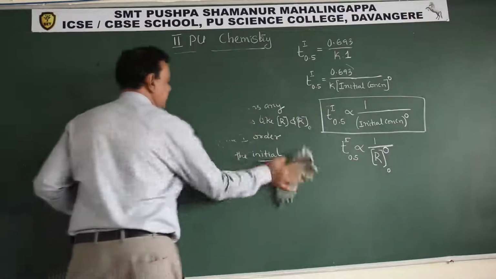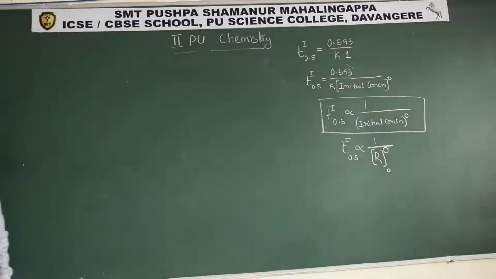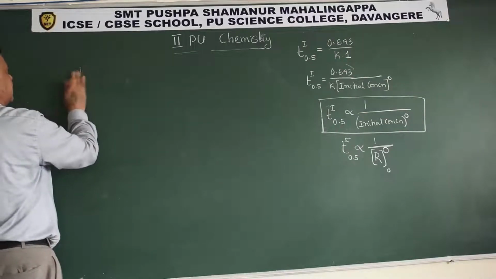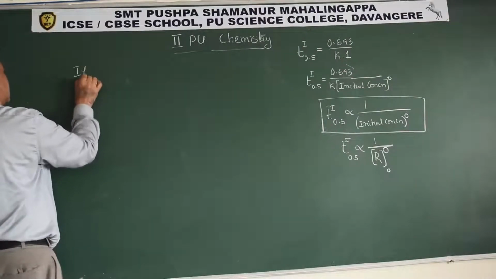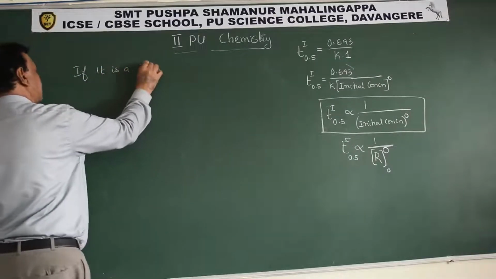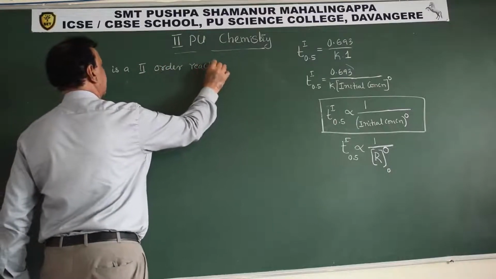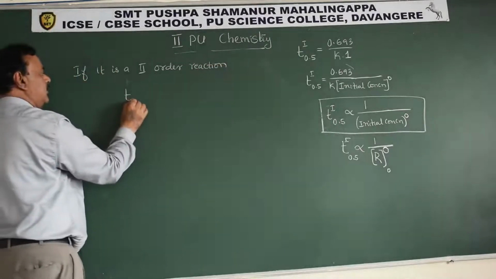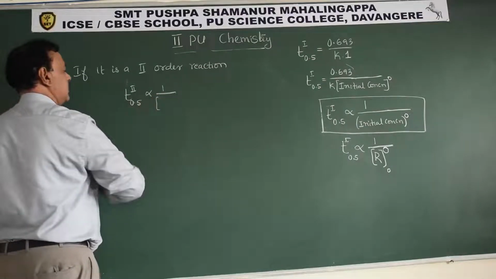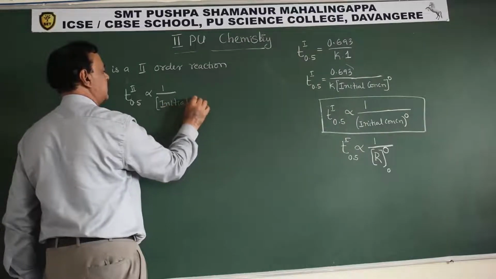If this is a second order chemical reaction, it is inversely proportional to the initial concentration of the reactant. Then T half of the second order reaction is inversely proportional to the first power of the initial concentration of the reactant.